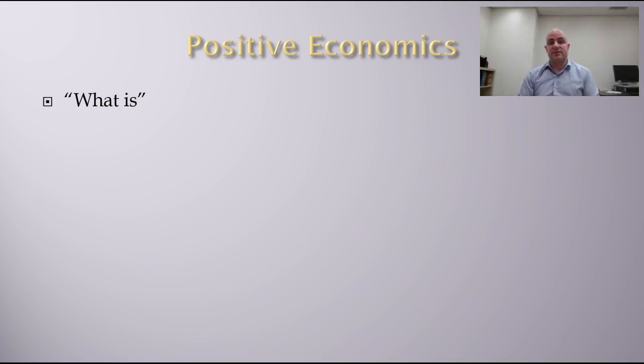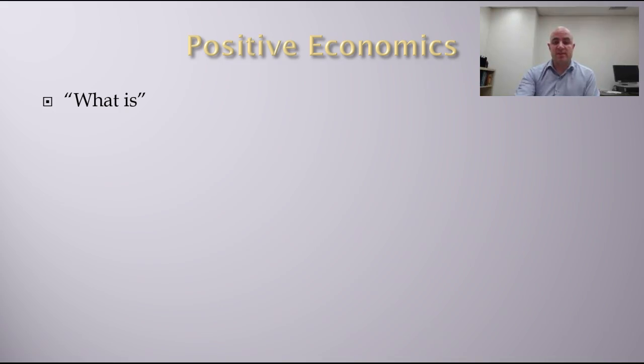Positive economics. There are two ways to look at economic sayings and theories. The first is positive economics, which is the study of what is. It uses economic theory to determine what is actually the case.